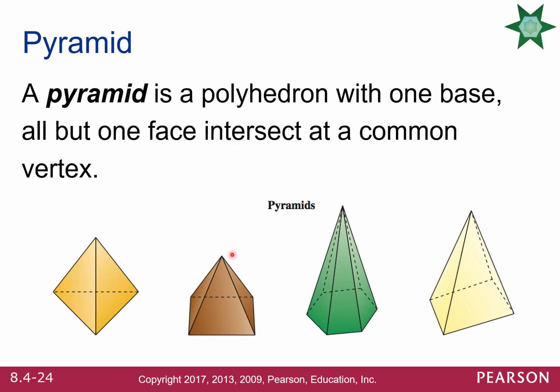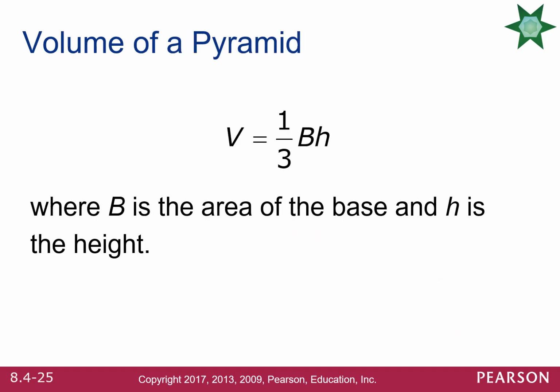That's true for all these different types of pyramids. Except for the base, which is also a face of the pyramid, all the other faces converge at a single point. So given that property, let's see how we can take measurements of a pyramid.